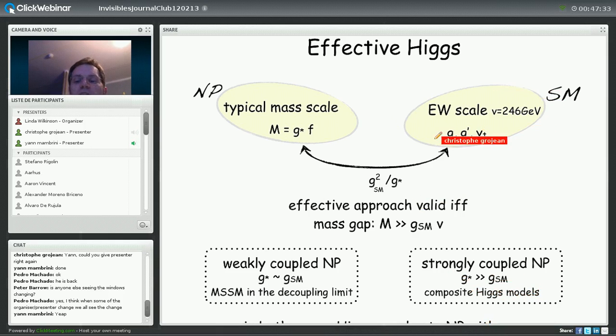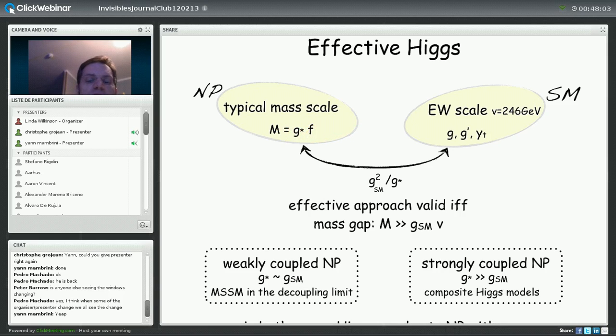So the dynamics is really assuming that you have the standard model sector, which is characterized by the weak scale and the standard model gauge interaction, plus maybe the top Yukawa interaction. And then all the standard model degrees of freedom have a mass mixing with a new physics sector, which is characterized by a mass scale, capital M, that I will rewrite as a typical coupling of the new physics sector, g star, times f.